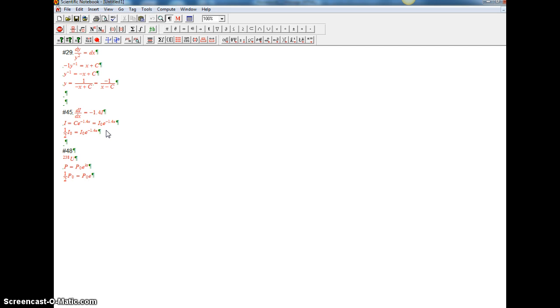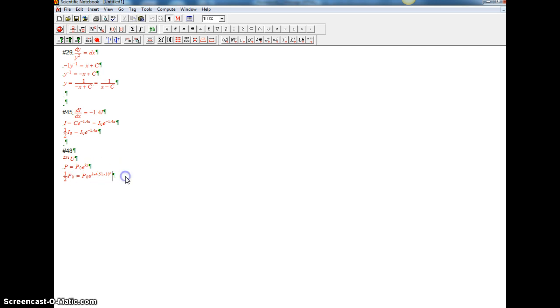e raised to the k times 4.51 times 10 to the 9. So again, in order to solve this equation, we divide by that P sub 0, that's going to cancel out.